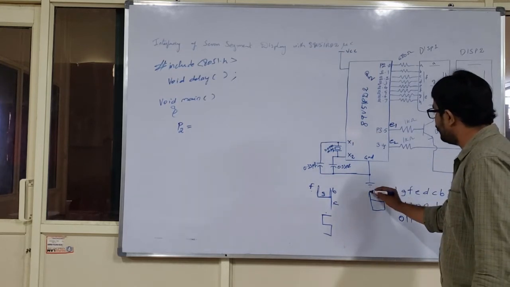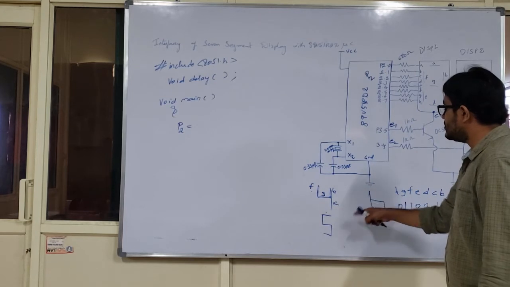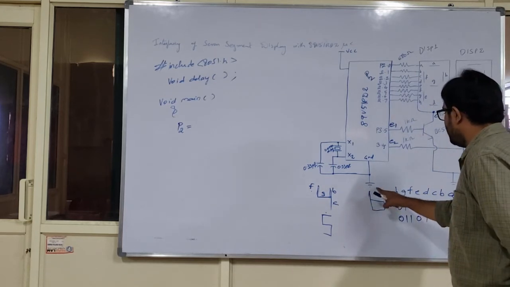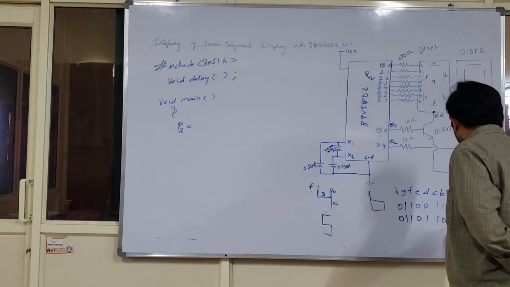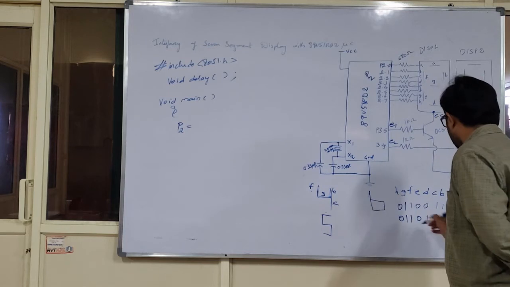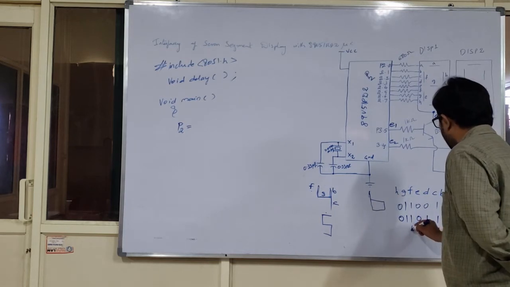Similarly for 6, 4, 5, 6 are the digits that I want to be displayed on the 7 segment display. Now A, B are off, C, D, E, F, G are present, that is 1, 1, 1, 1, 1.